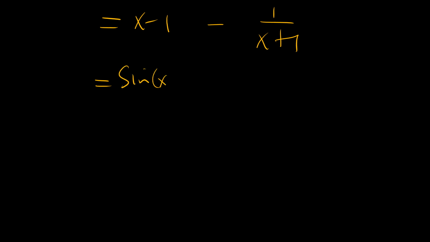So this is equal to x minus 1 minus 1 over x plus 1. And since X was our placeholder for sine x, we have sine x minus 1 minus 1 over sine x plus 1.